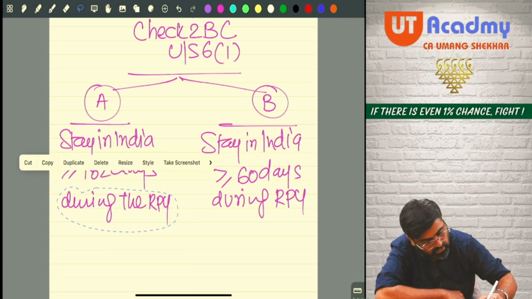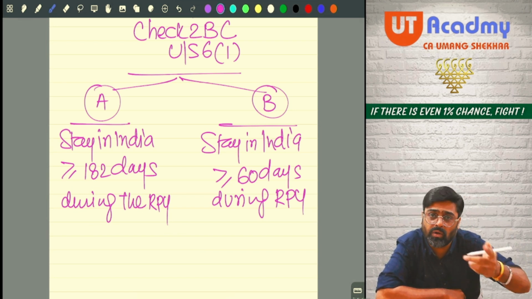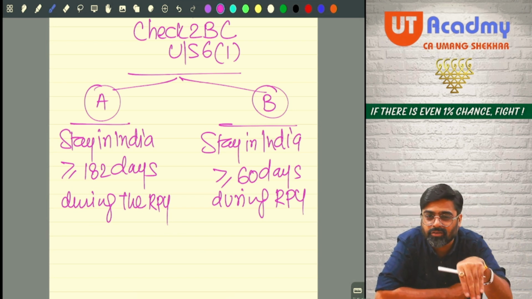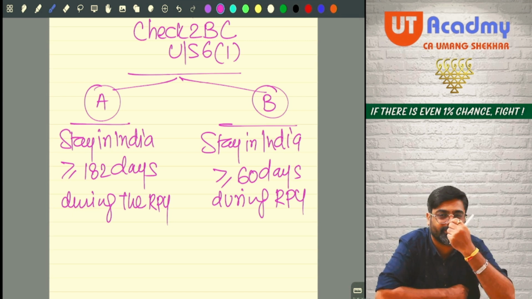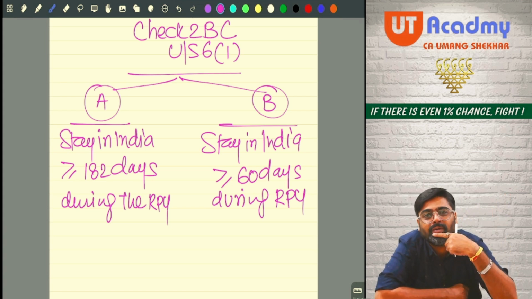And here, stay in India is less than 182, but it should be more than or equal to 60, meaning that this year you are staying at least 2 months. Not half or more, but at least 2 months. 60 days is 30 plus 30, 2 months. This year your stay is 60 days or more.